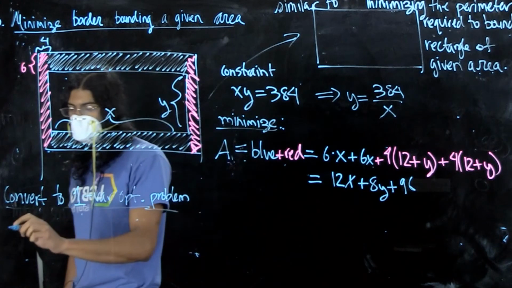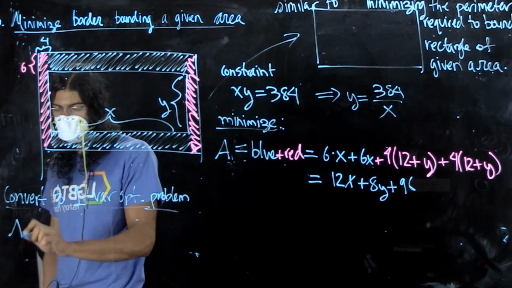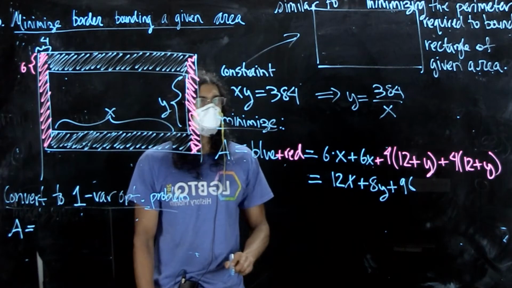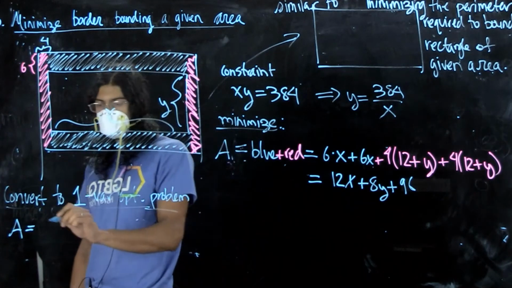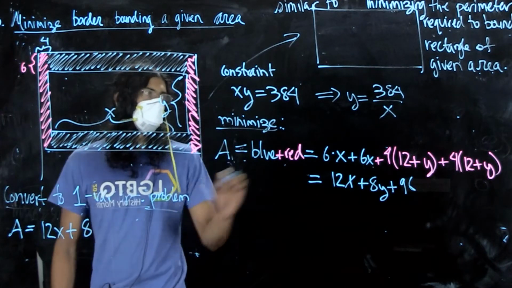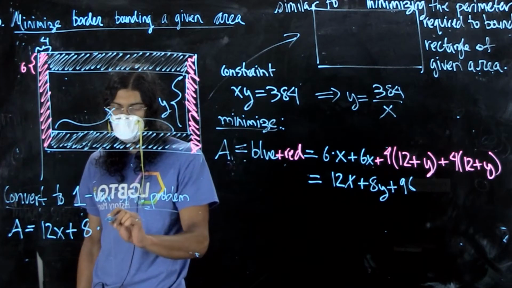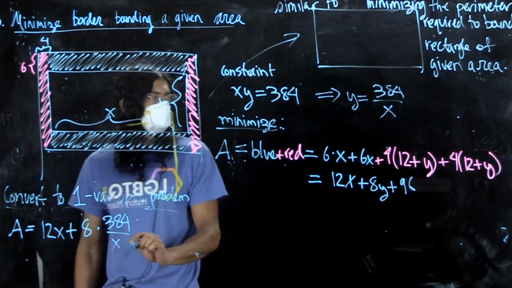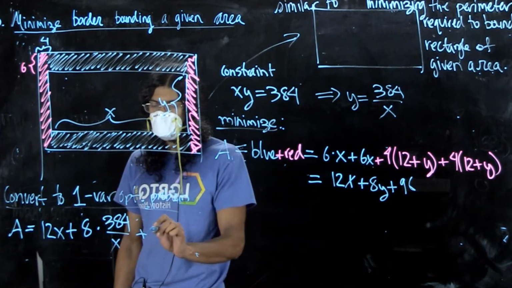So my marginal area equals 12x plus 8y, where y was 384 divided by x, plus 96.